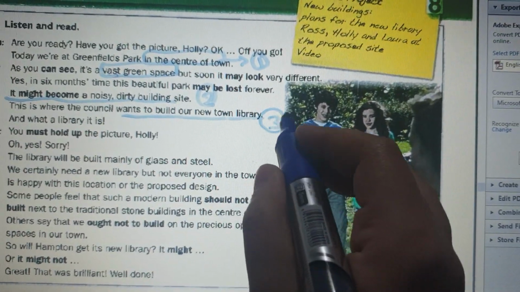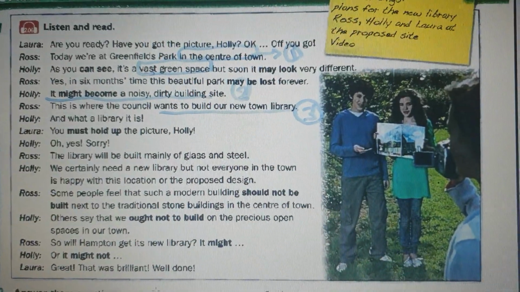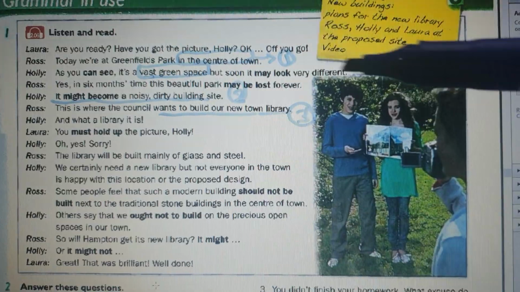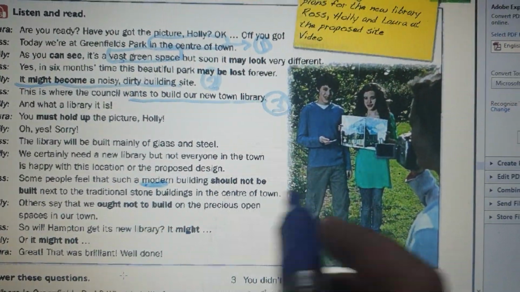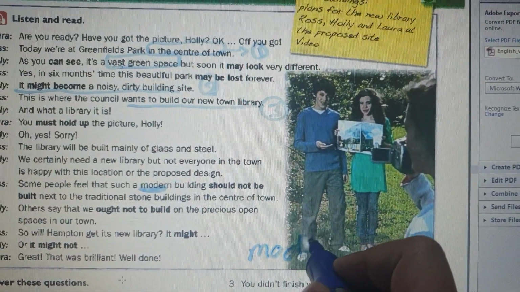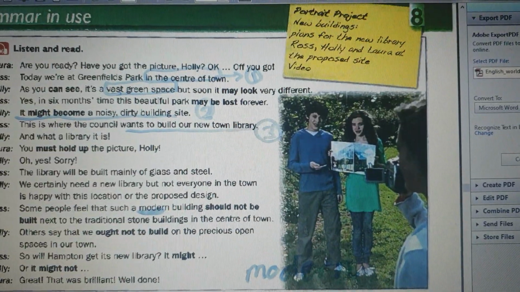Question number 3. And question number 4, is the design modern or traditional? From the reading, you can notice that it is modern. You can write the word modern next to question number 4.